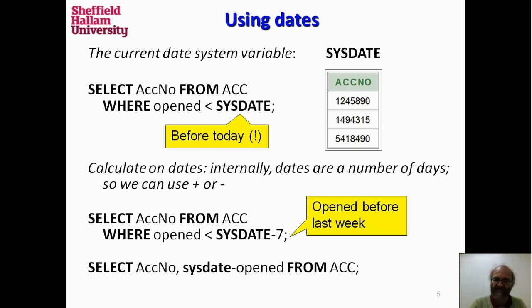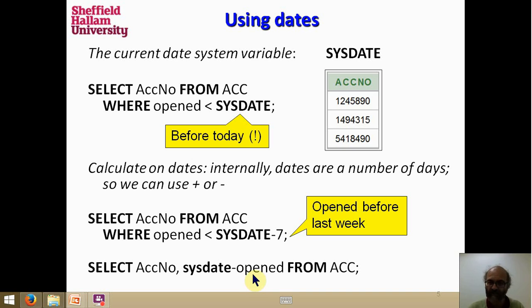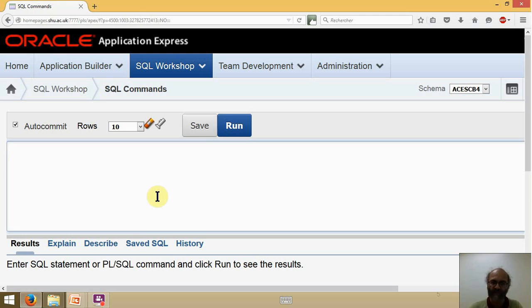Here is another example. We're going to try this last example because you probably need to see it working. So I'm going to start the Oracle system. I've got it open here, and I type select the number of the account, and we'll try the date the account was opened from AC.